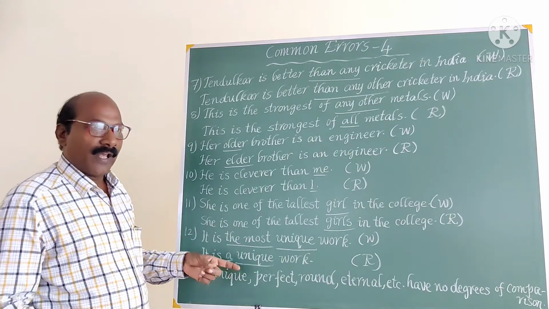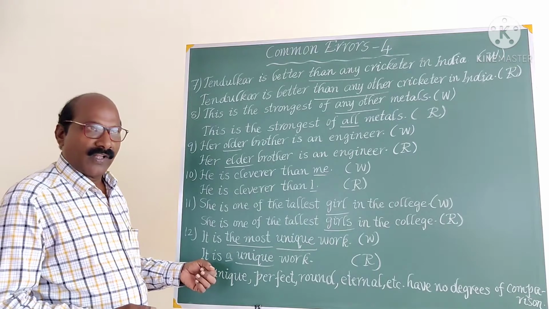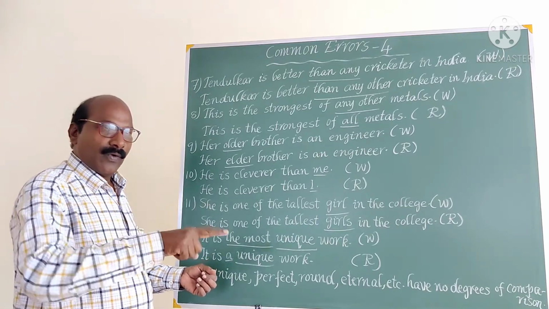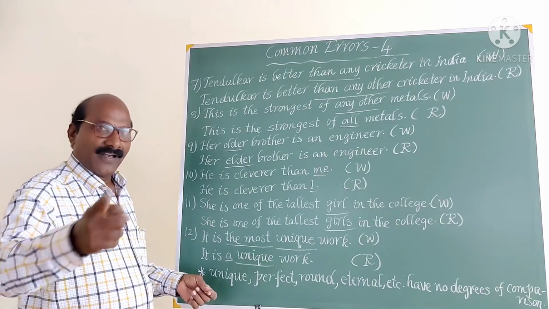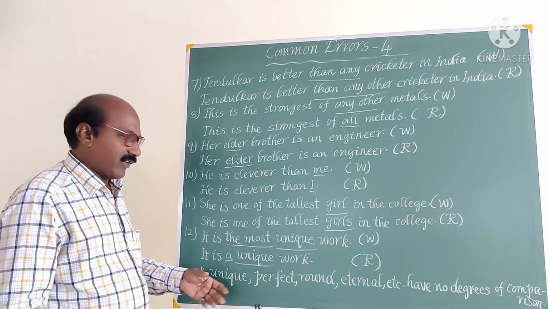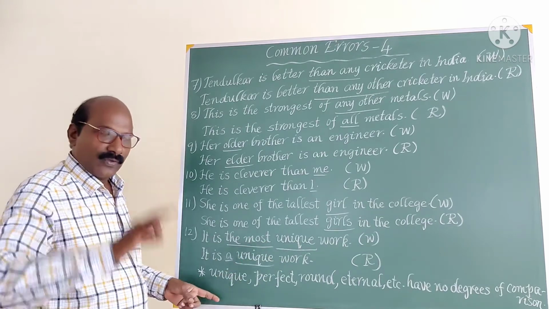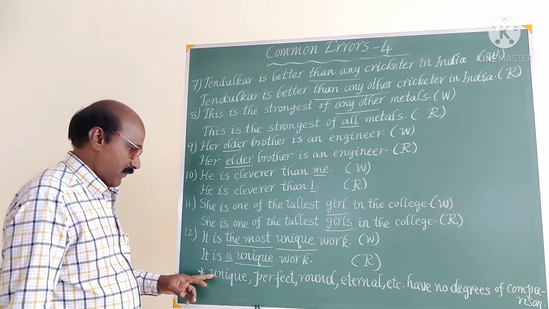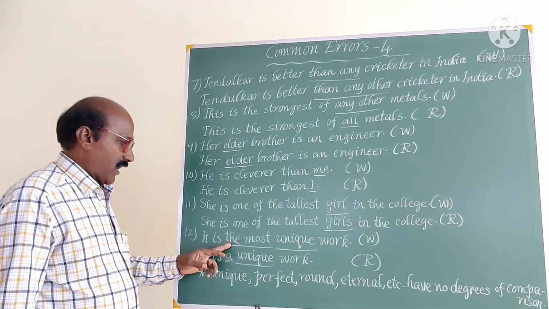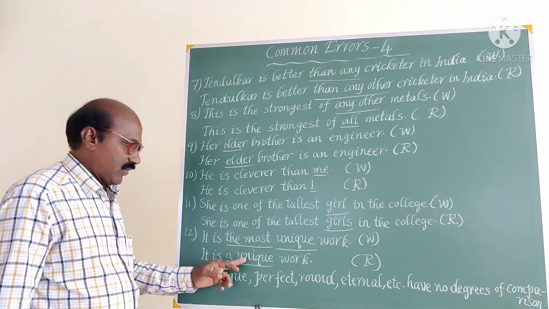For almost all the adjectives in the English language, we have degrees of comparison: good, better, best; bad, worse, worst; great, greater, greatest. But in case of some adjectives, there is no question of using any degree of comparison. So we should never say it is the most unique. Simply say it is a unique work.